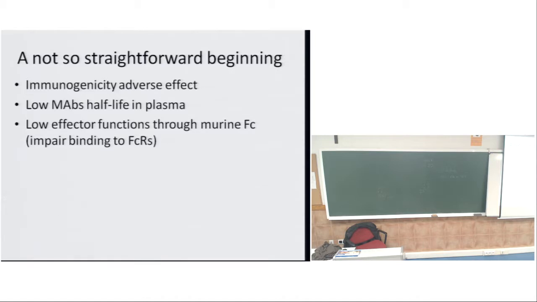Well, the main problem is the immunogenicity, adverse effects. Because you think that these antibodies have been produced in a mouse, and this mouse will synthesize mouse monoclonal antibodies, and we will react against that because it's a foreign protein for us. We don't have antibodies from mouse, so our immune system will react against the therapy, and this therapy won't be effective.